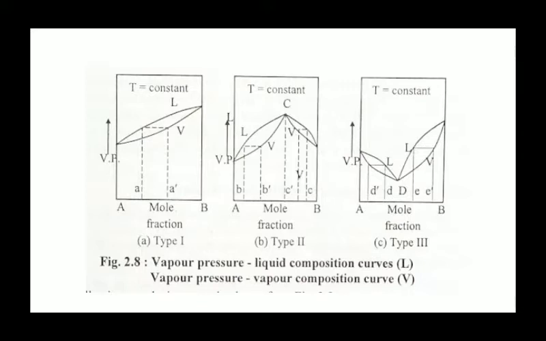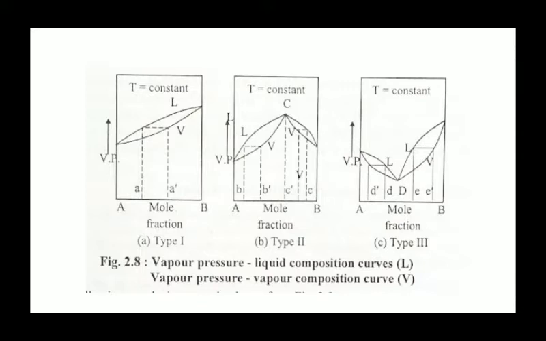In figure A, the liquid composition and vapor composition curves are both continuous, and at all concentrations the compositions in the two phases are different. As B is more volatile than A, the vapor is richer in B than the solution phase for any concentration of solution.